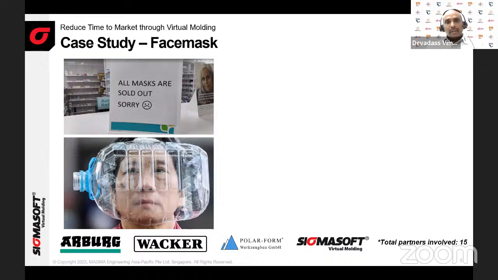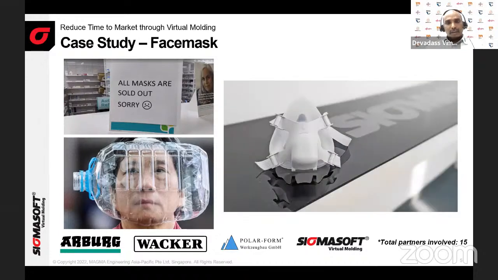So we worked with all our partners to make it possible, and we produced thousands of masks for the people. How we have done this is what we are going to see: how fast we activated this project, and how soon we released the product to the market.